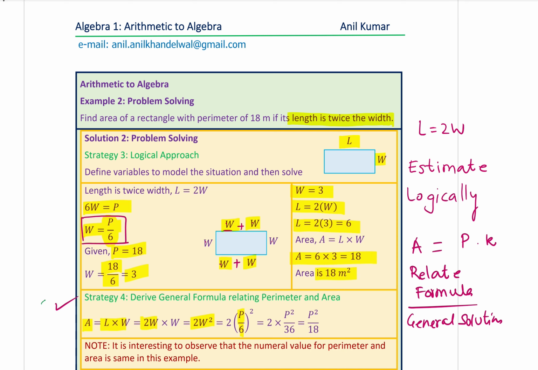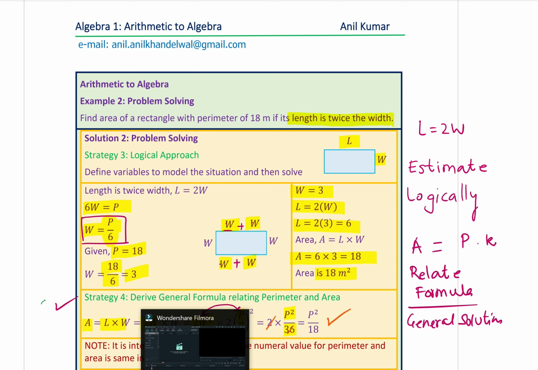We substitute this value of width here, a bit of algebra now, and once we do that, we can square it. When we square, we get what? We get perimeter square, and 6 square is 36. This can be simplified, and you get perimeter square over 18, right? So we have a general formula here, correct?